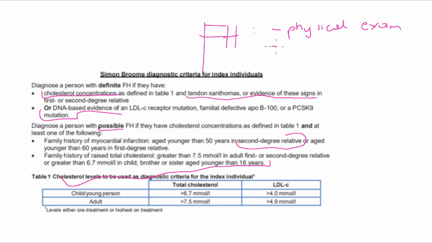It will be thorough history taking, focusing on family history to see if a patient has anyone in the family who had either a diagnosis of familial hypercholesterolemia, or someone who had a cardiac event and was younger than 50 years old if it's a second degree relative, or younger than 60 years if it's a first degree relative.